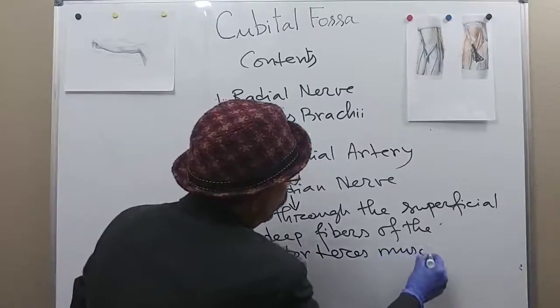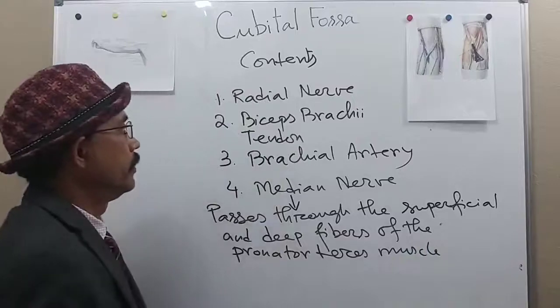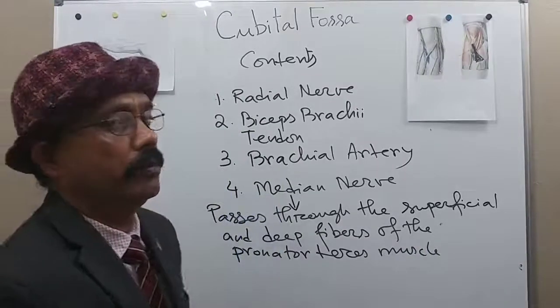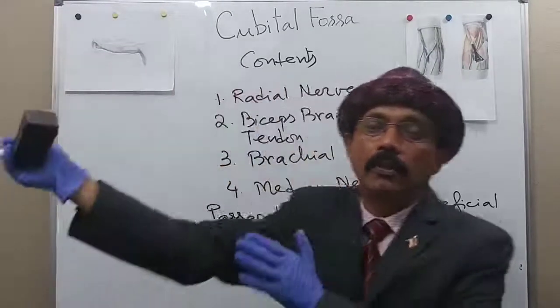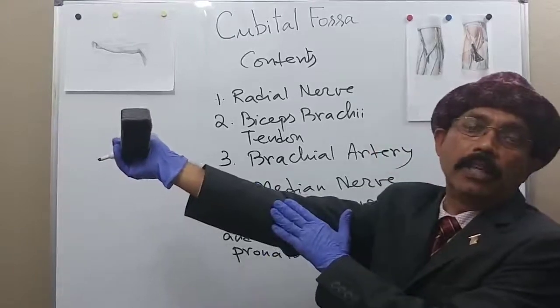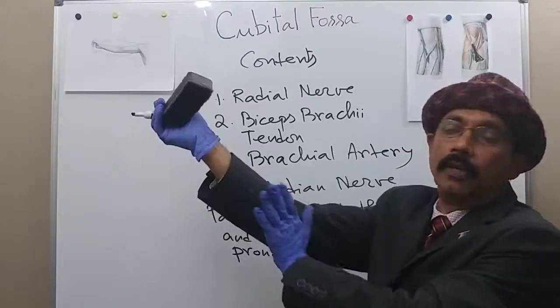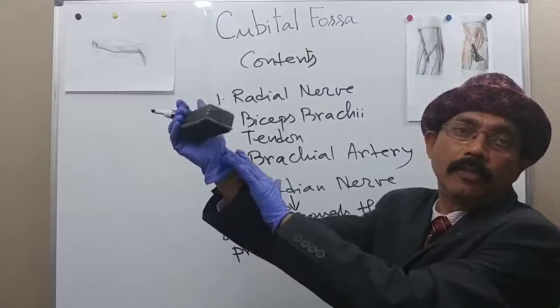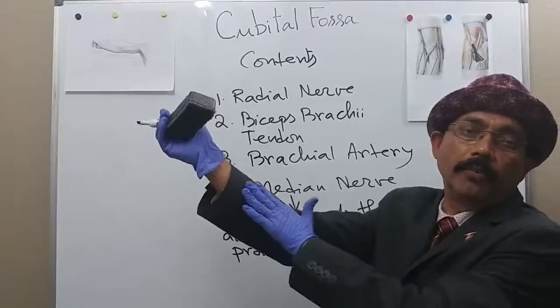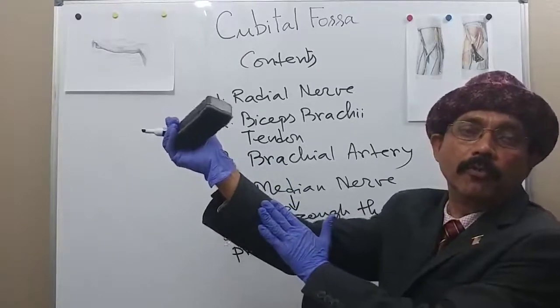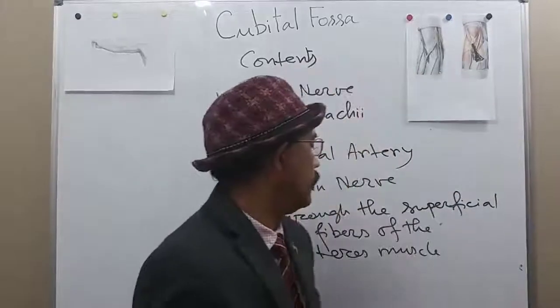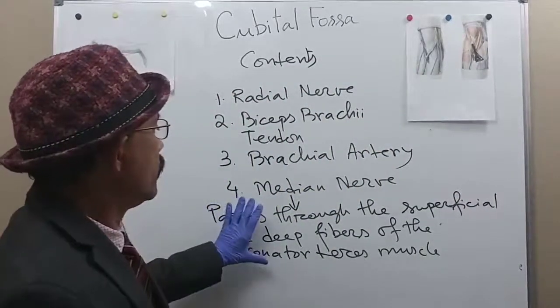The median nerve supplies the flexor muscles like the flexor carpi radialis. It also supplies the palmaris longus and flexor digitorum superficialis muscle.